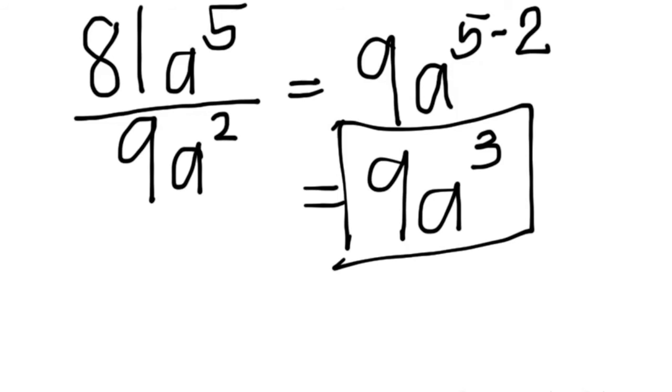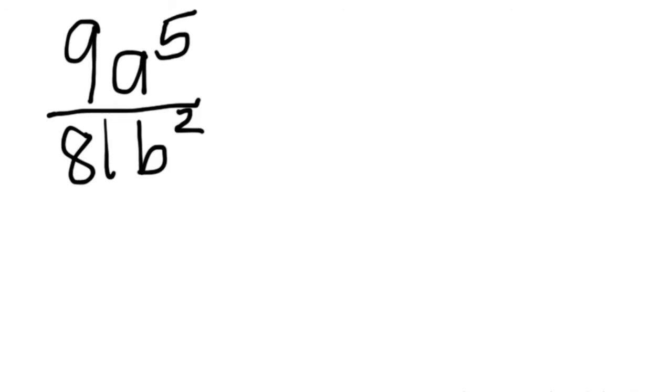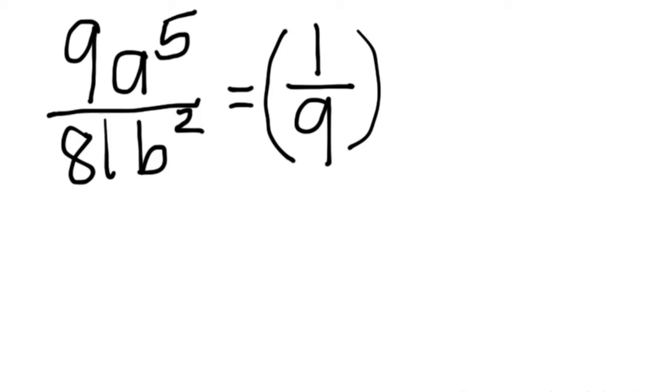Another example, 9a raised to 5 over 81b squared. So since we cannot divide 9 by 81, kunin na lang natin yung lowest term, which is 1 over 9. Hindi natin pwedeng isubtract yung a raised to 5 at yung b squared kasi magkaiba sila ng base.